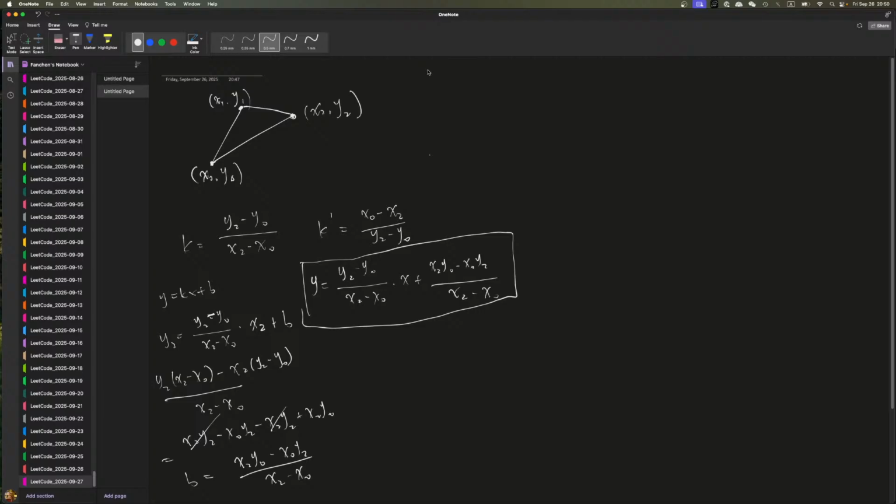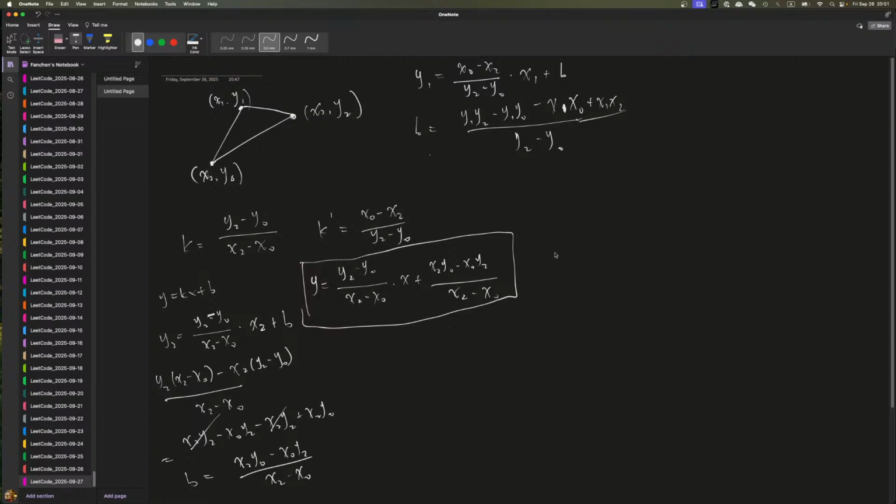Now we have another one. Basically we do y1 equal to (x0 minus x2) over (y2 minus y0) times x1 plus b, so b will equal to y1 minus (x0 minus x2) over (y2 minus y0) times x1.